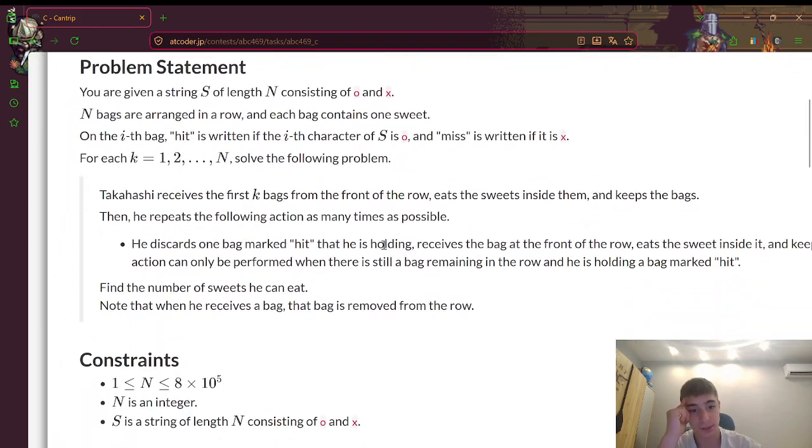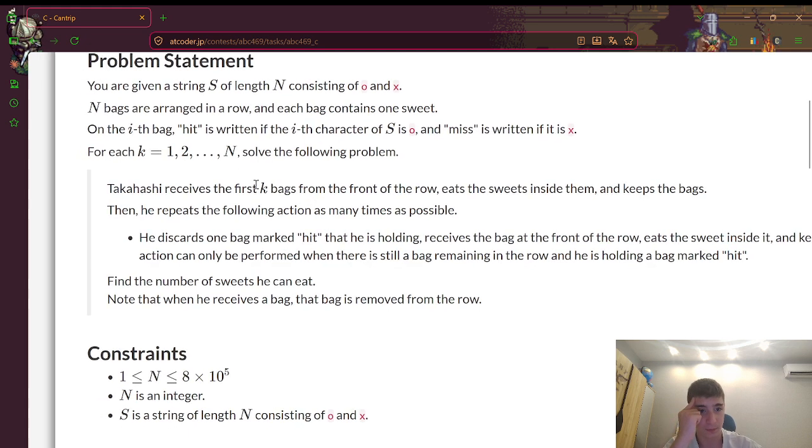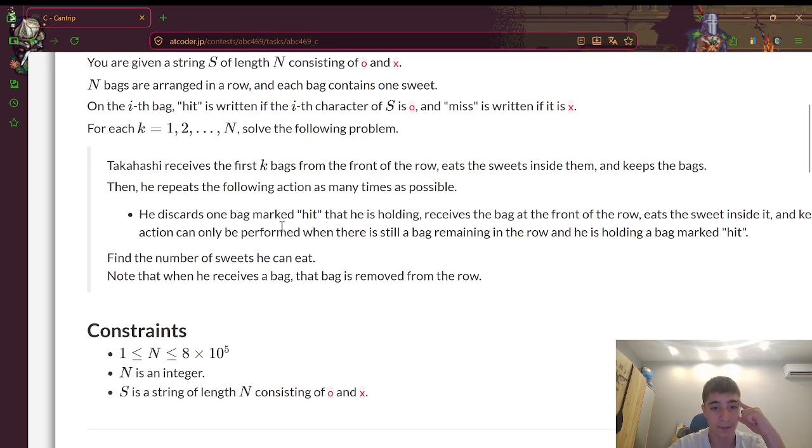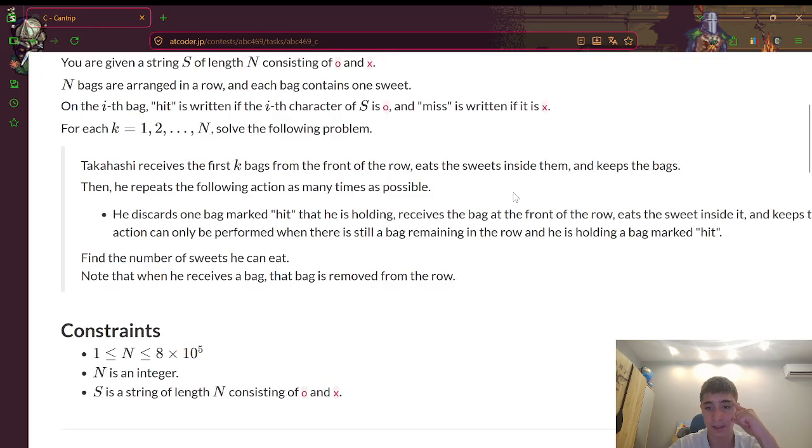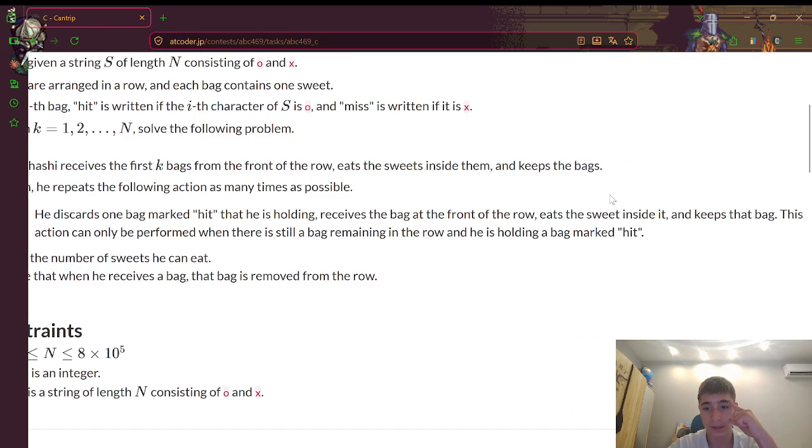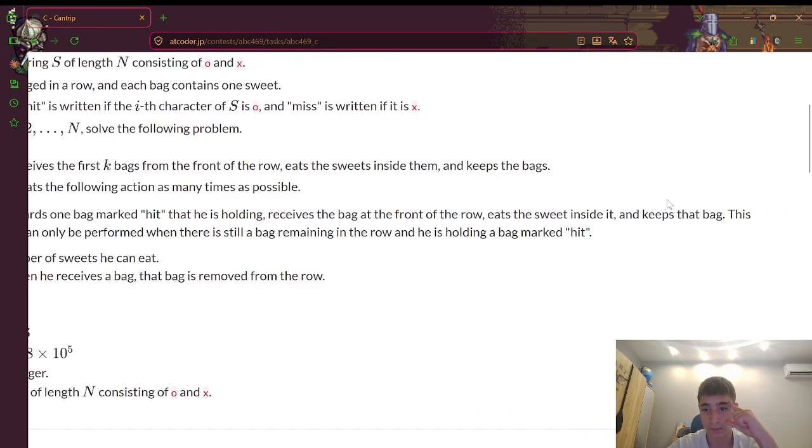For each index, solve the following problem, like 1, 2. Takahashi receives the first K bags from the front of the row, eats the sweets inside them, and keeps the bags. Then he repeats the following action as many times as possible. He discards one bag marked hit that he's holding, receives the bag at the front of the row, eats the sweet inside it, and keeps that bag.